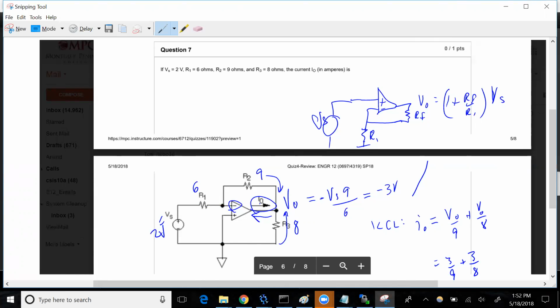Follow-up questions on that? Yeah, where did the negative sign come into the IO? Well, because VO is negative 3. So it's negative 3 over 9 minus 3 over 8.